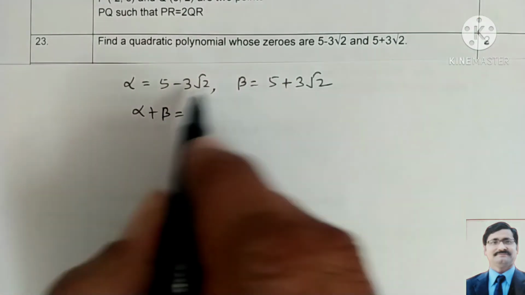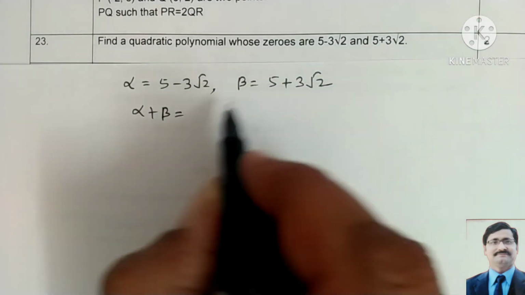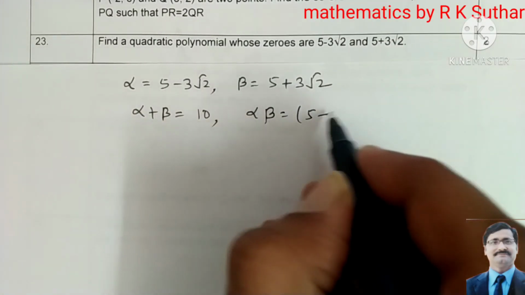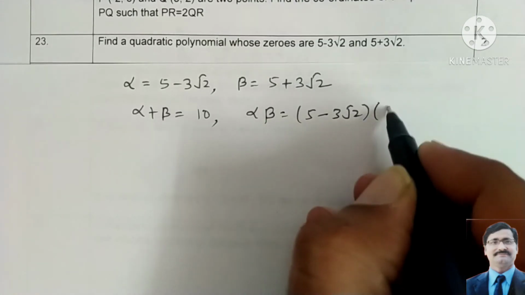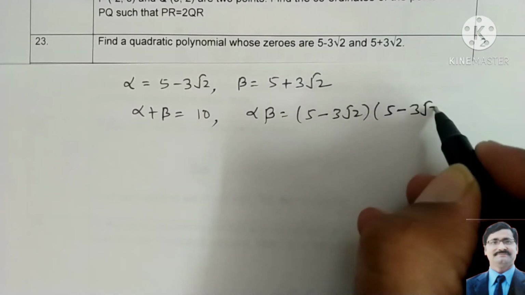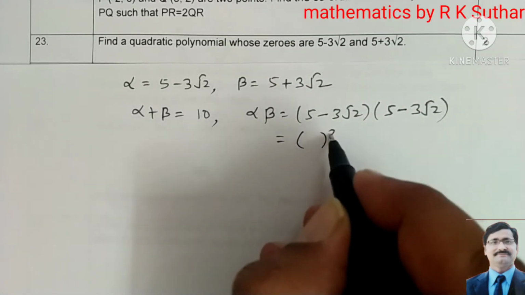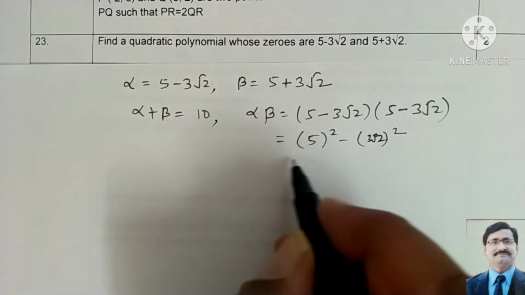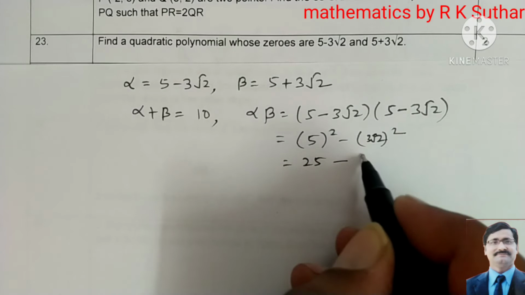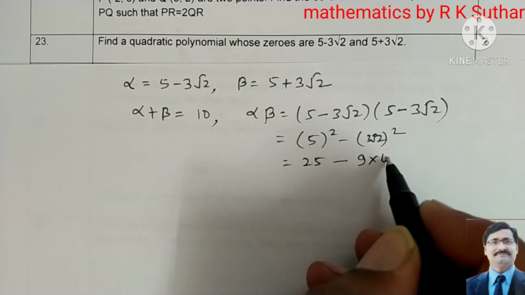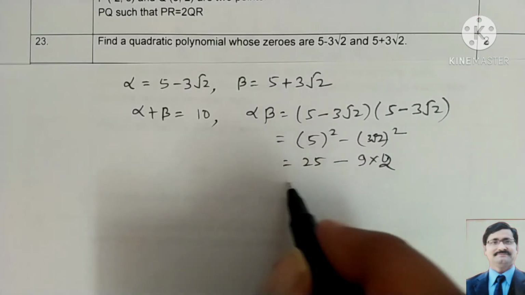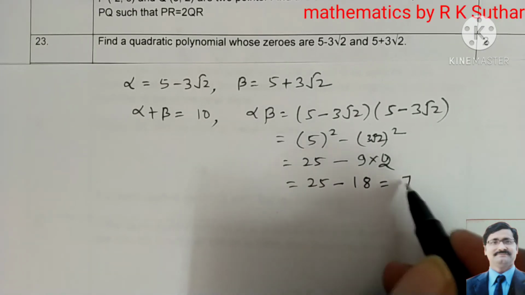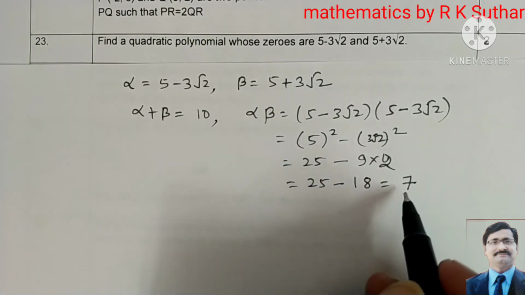When you do the sum, this cancels, 5 and 5, 10 we get, and if we do the product, means 5 minus 3 root 2, we have to multiply by 5 plus 3 root 2, and we use the formula a square minus b square, so we get here 5 and 3 root 2. 5 5 we can write 25, 3 3 9, 9 into 2, root 2 square is 2, so we get 25 minus 18, and we subtract, we get here 7, so the product we get 7.